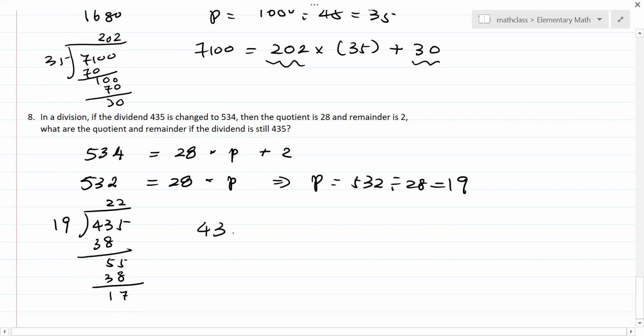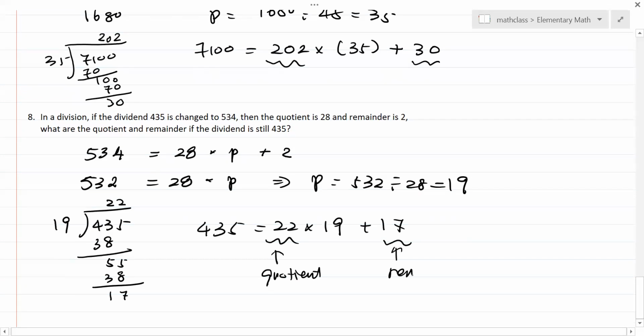So 435 is 22 times 19 plus 17. So this is our answer. This is the quotient of the original division, and this is the remainder of the original division.